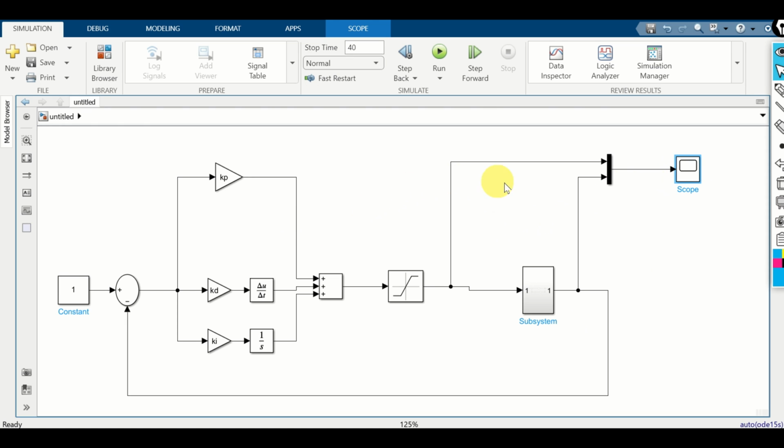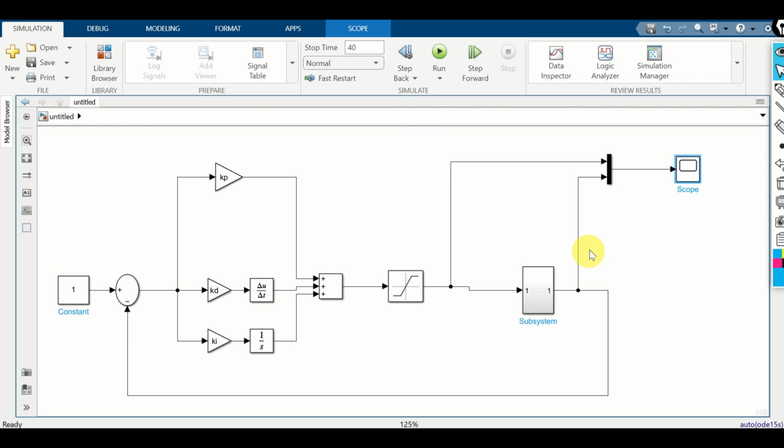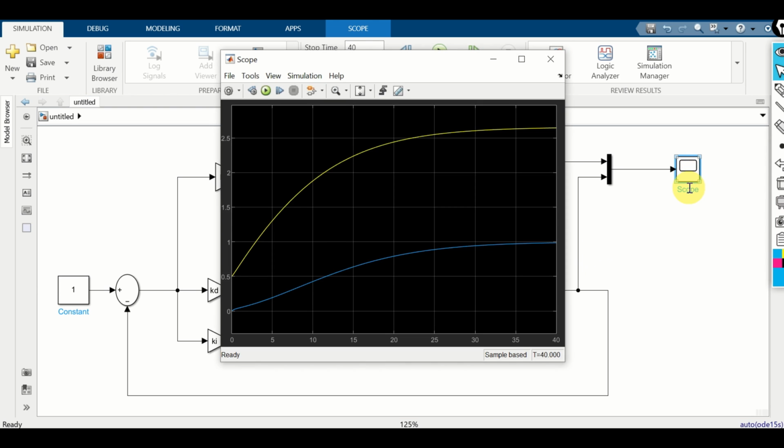Now we are ready to simulate our closed loop system. To simulate the closed loop system, make sure that stop time is 40 and click on run. Okay, let's see the output. Double click on the scope. And we can see a very nice result. We can see there that this blue line representing our water level goes to 1.